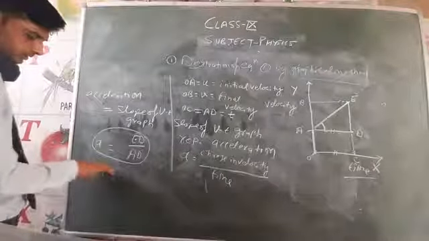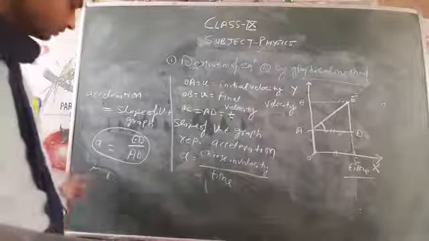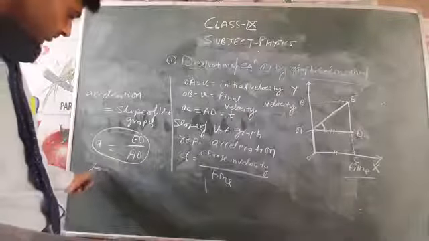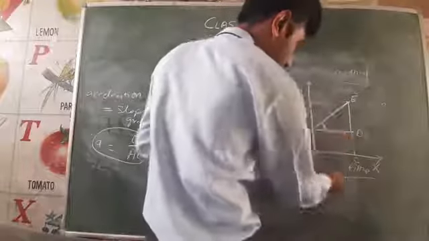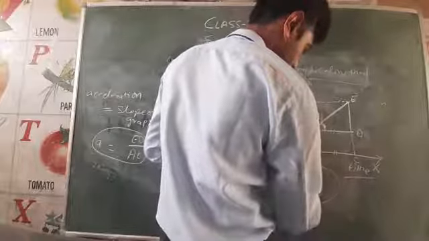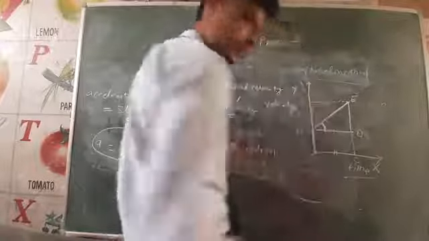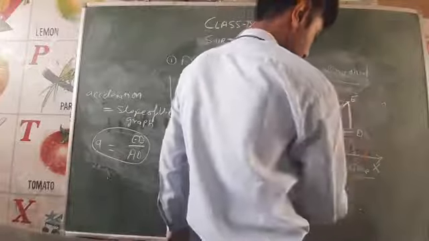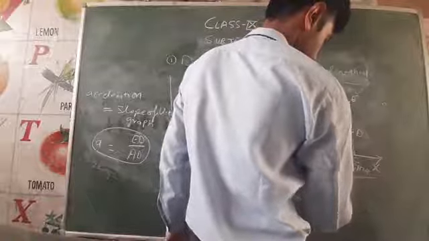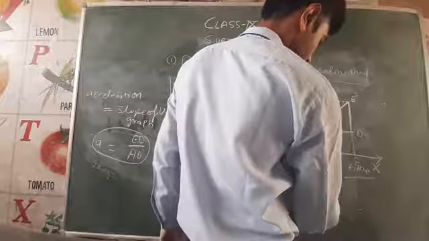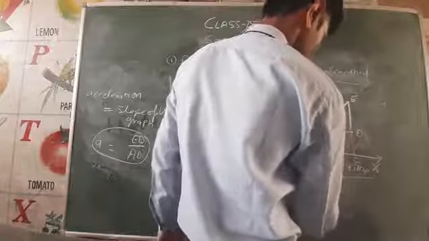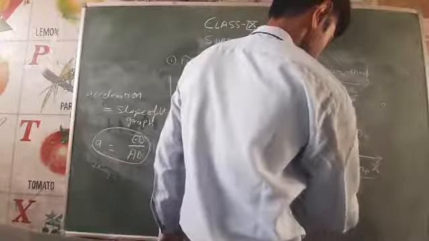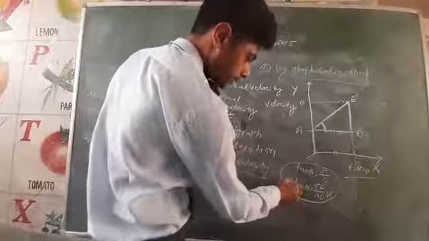How can you say ED upon AD is equal to a? Because the slope is represented by tan theta, and the value of tan theta is perpendicular upon base. So tan theta is perpendicular ED upon AD, and the slope equals acceleration.